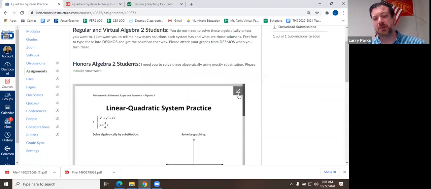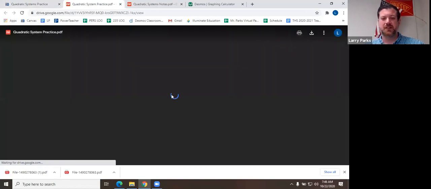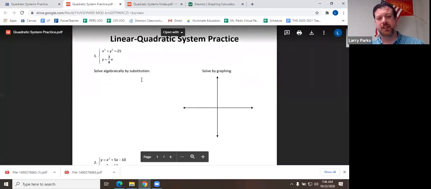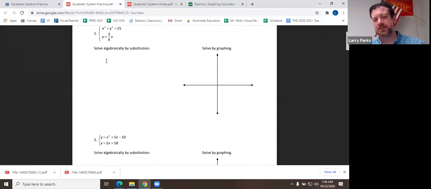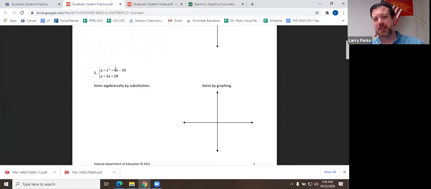And so if I open up the practice, you can see, I'm not going to repeat the instructions I just said, but this would be a circle, and that would be a line. This is a parabola. This is a line. I know it's a line because it's to the first power.